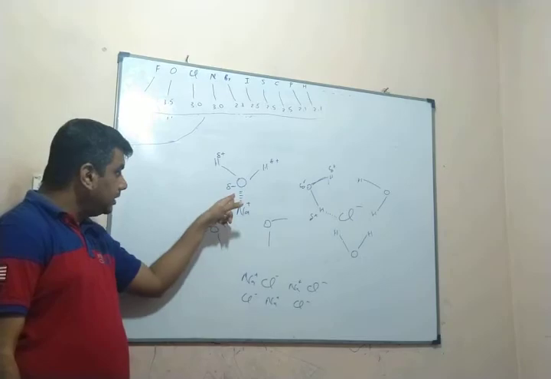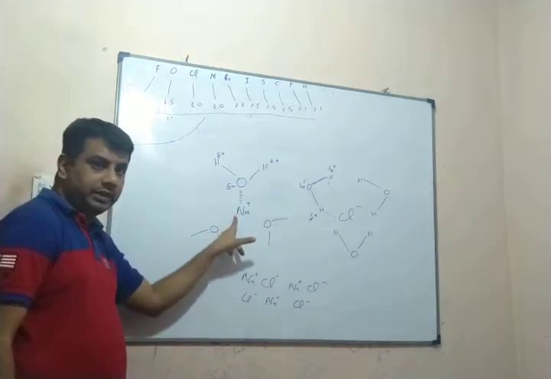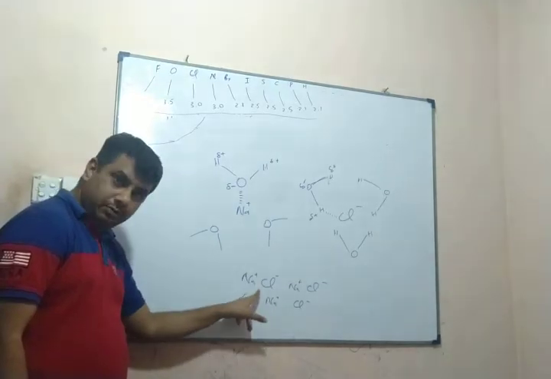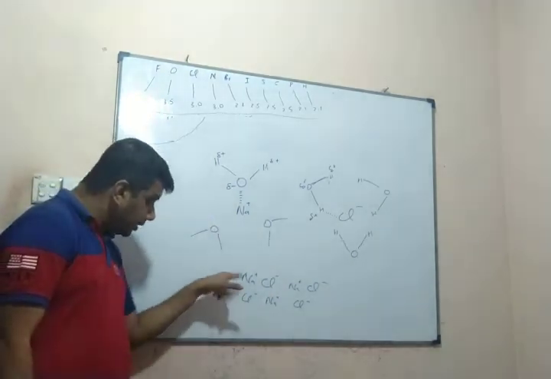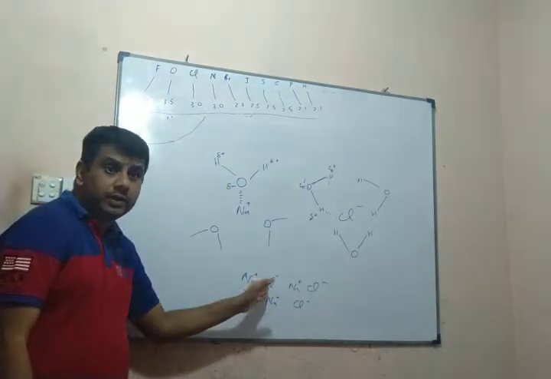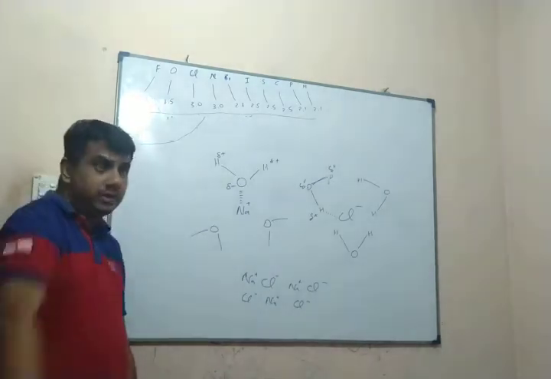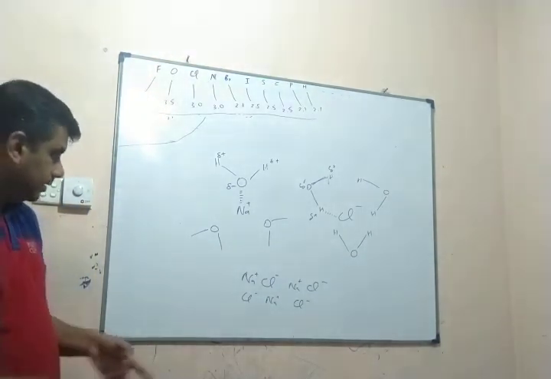So how does this dissociate? Because of this attraction, it will be broken because of the new ion dipole attraction. But is it sufficient to break this? No, the ionic attraction is larger. The ionic one is very strong. So how did it happen?